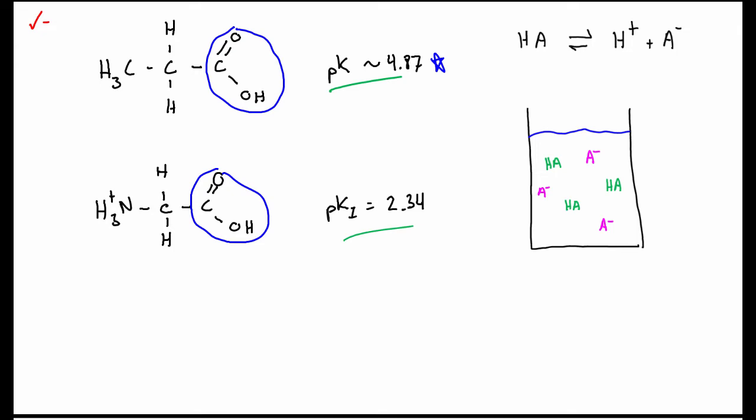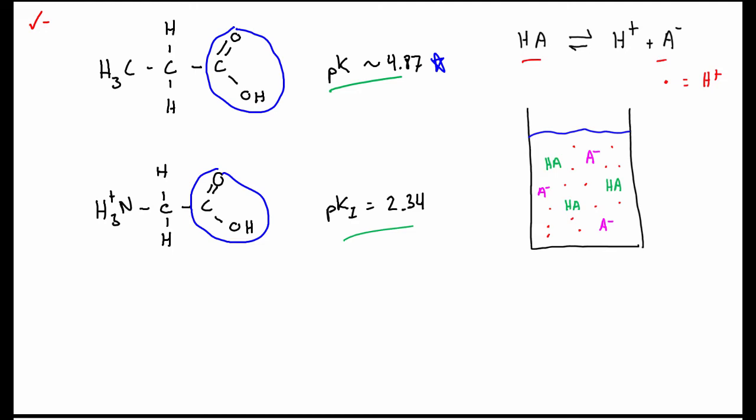So when we think about it this way, if I were to draw using, let's say here, red dots equal protons, I can just start to put these in solution, and there's a certain number of them that represents a certain concentration. Let's just say that represents the propionic acid. That's the amount of protons it takes to get an equal amount of this and this.